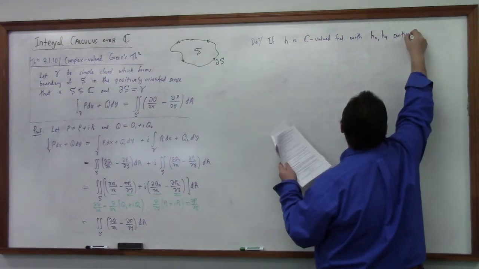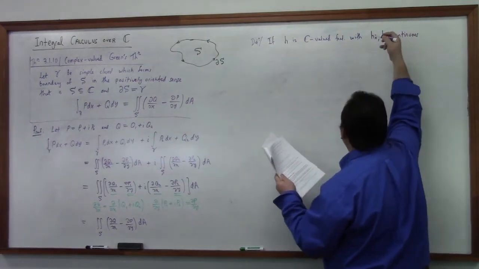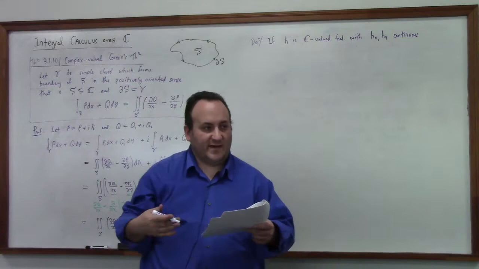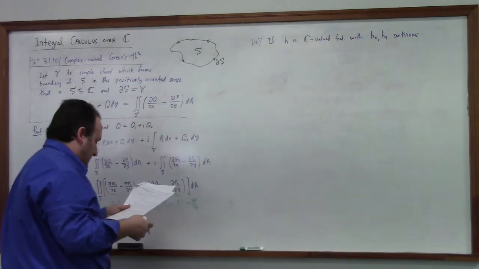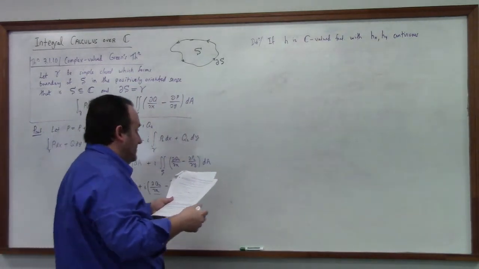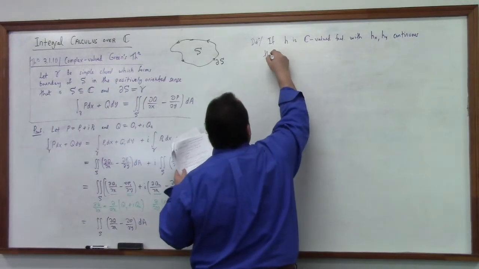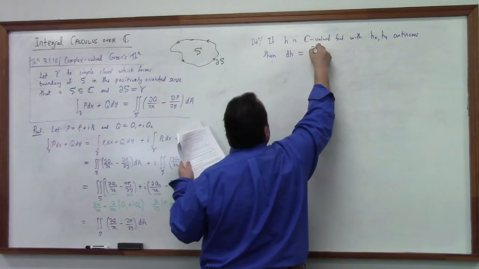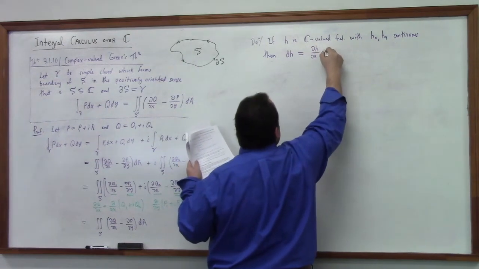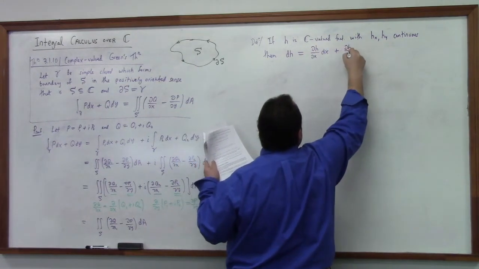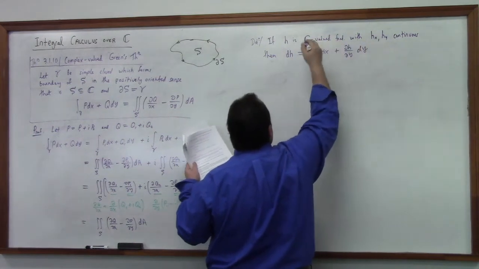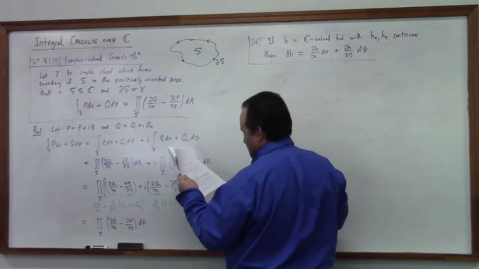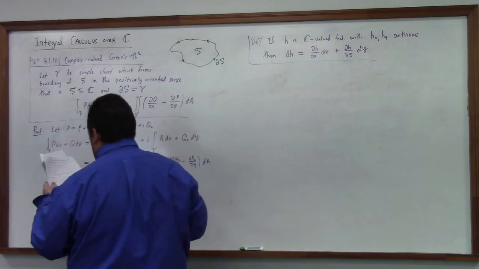In other words, suppose it's a complex valued function where you can take the partial derivatives with respect to x and y, and they make sense, all right? Then dh is equal to partial h partial x dx plus partial h partial y dy. All right?